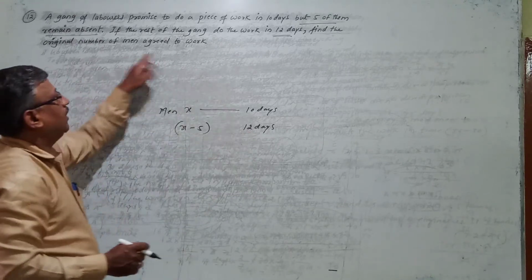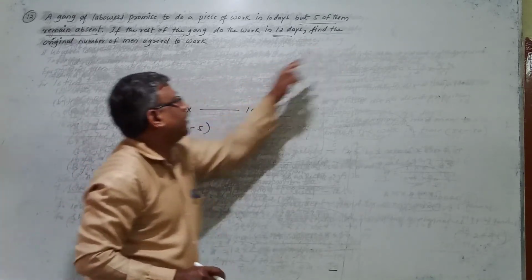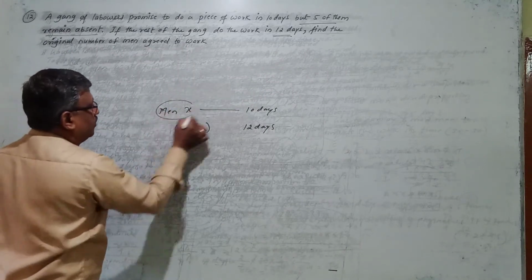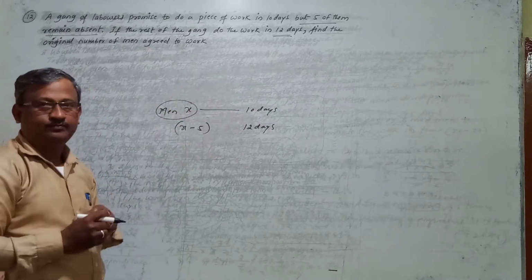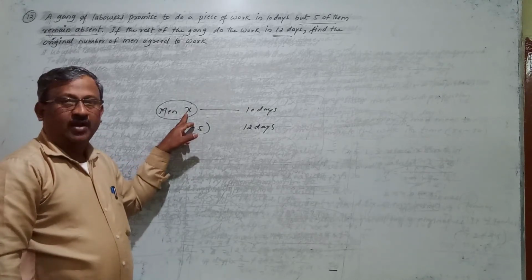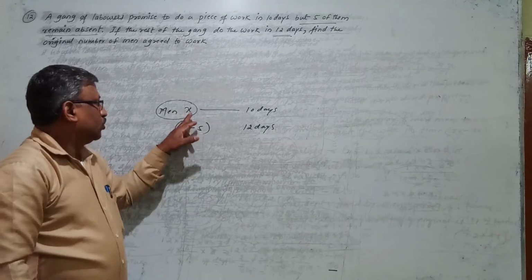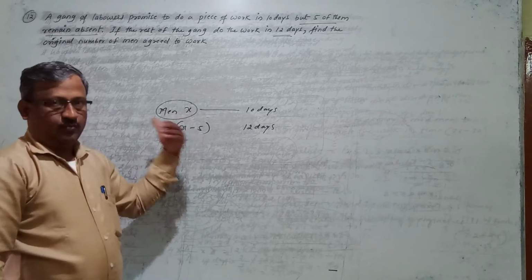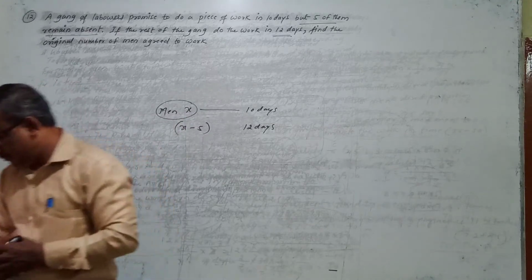So we have to find the original number of men agreed to work. Original means this X value you have to calculate. Here the original number of workers is not known, so I will assume it as X. So let's proceed with the solution.